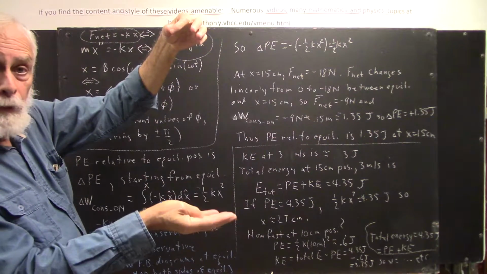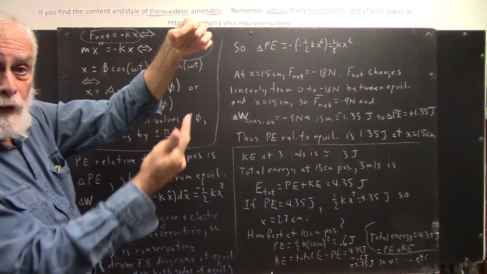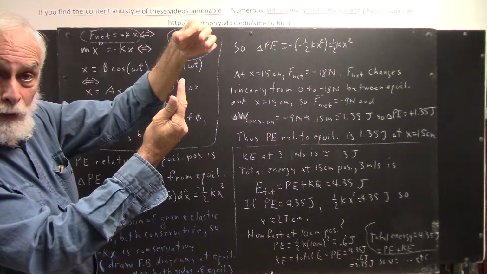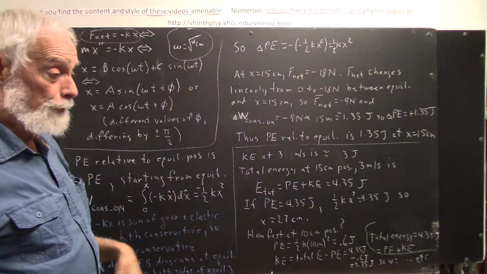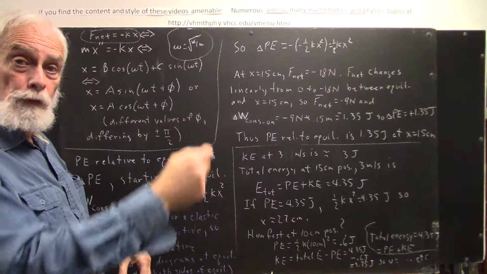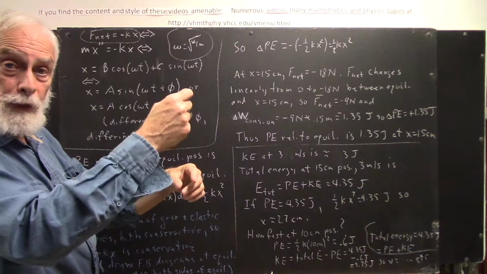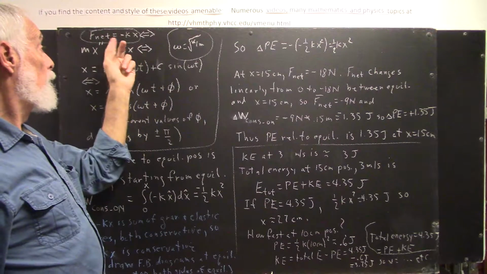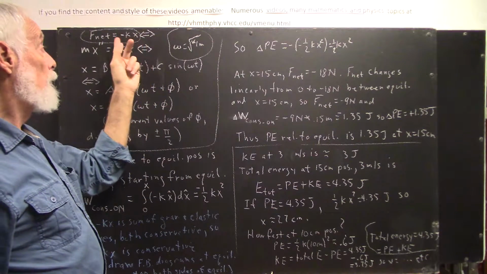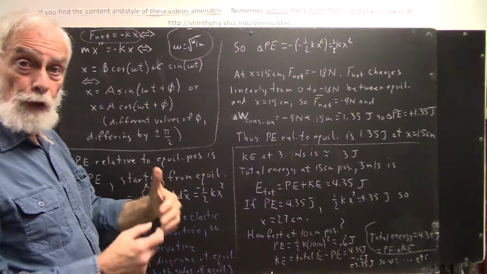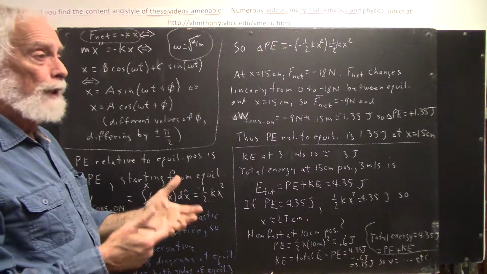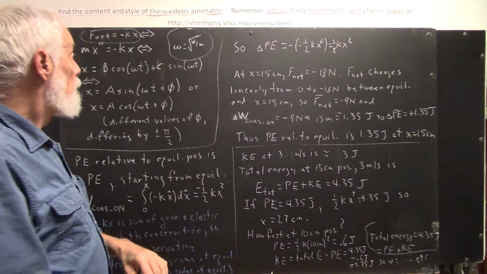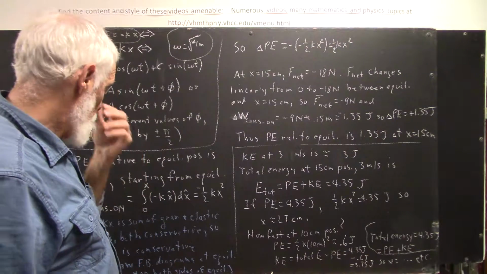The two forces were in balance here. Now you're up here, and this force is less than it was, which means you have a net downward force. So wherever you move away from equilibrium, you have a force back toward equilibrium. That's the negative sign. You take a negative k, multiply it by your position relative to equilibrium, and you get the force, and that force points back to equilibrium.